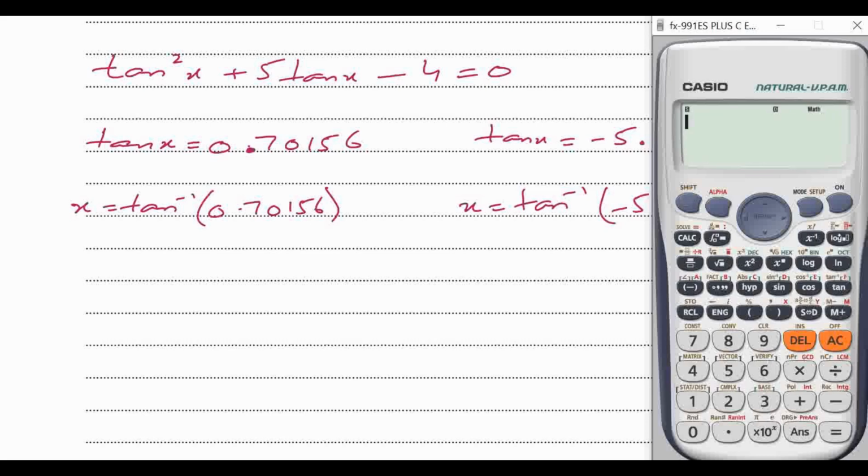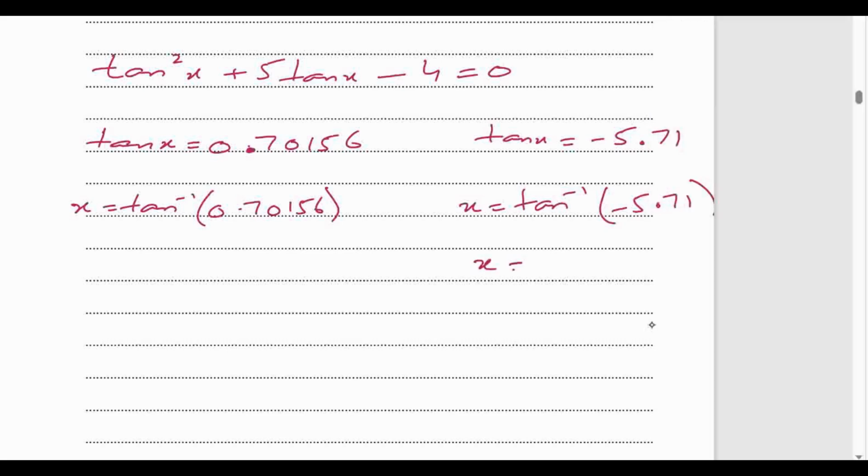So tan inverse of negative 5.707 will be equal to minus 80.05. So x will be equals to minus 80.05. तो ये एक साइड की वैल्यू आ गई.